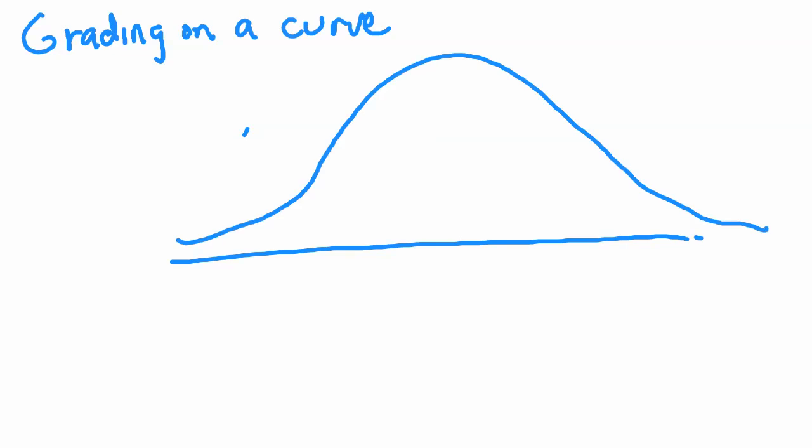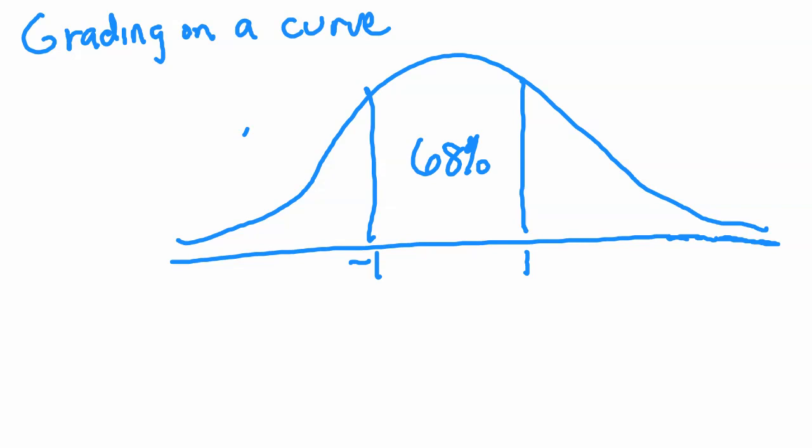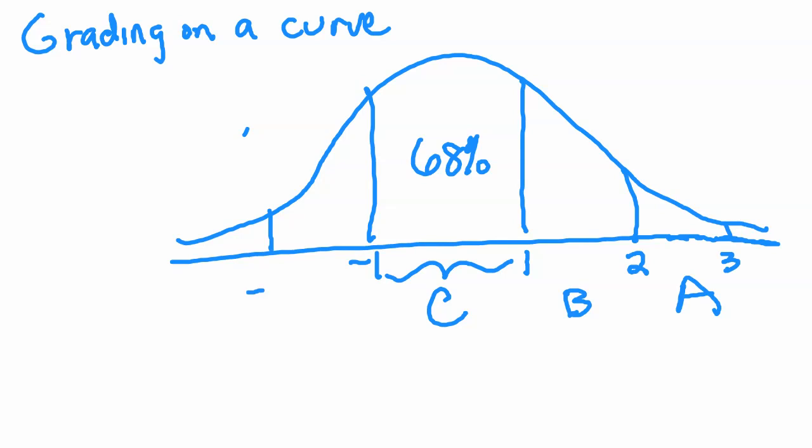I wouldn't want to be graded on a curve, because that essentially means that 68% of the scores should be C's, between -1 and +1 standard deviation. And then between 1 and 2 would be B's. And then 3 standard deviations, that would be your A's way at this tail. So on this side, between -2 and -1 would be D's, and then you would have F's here after -3.